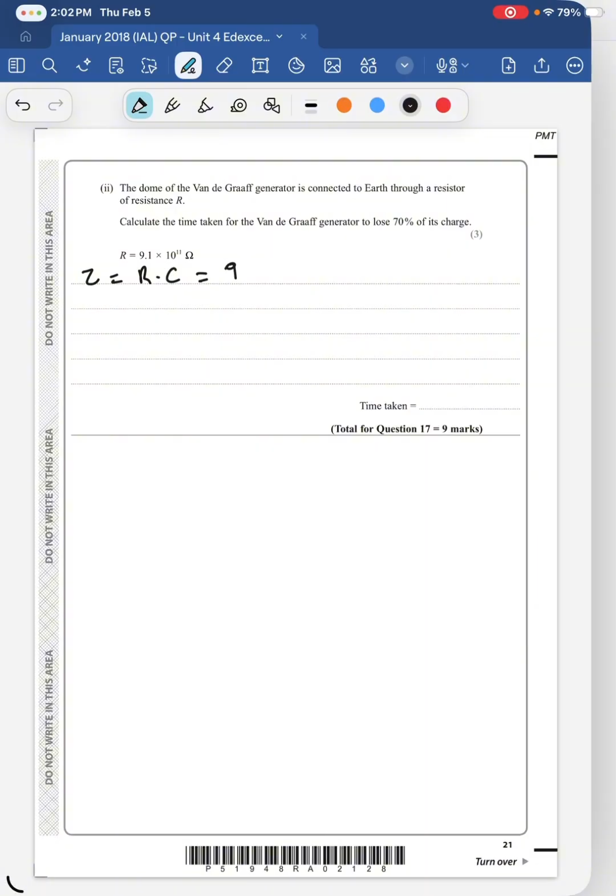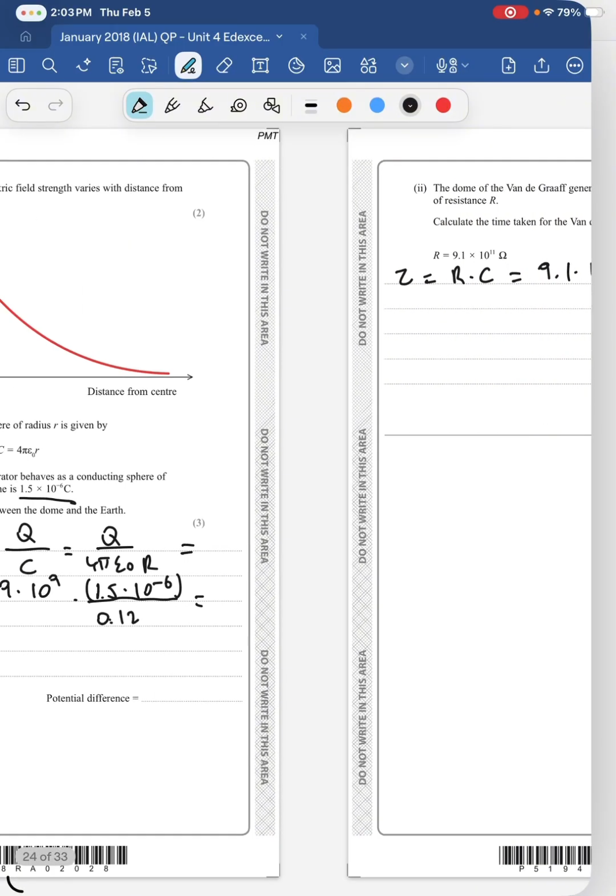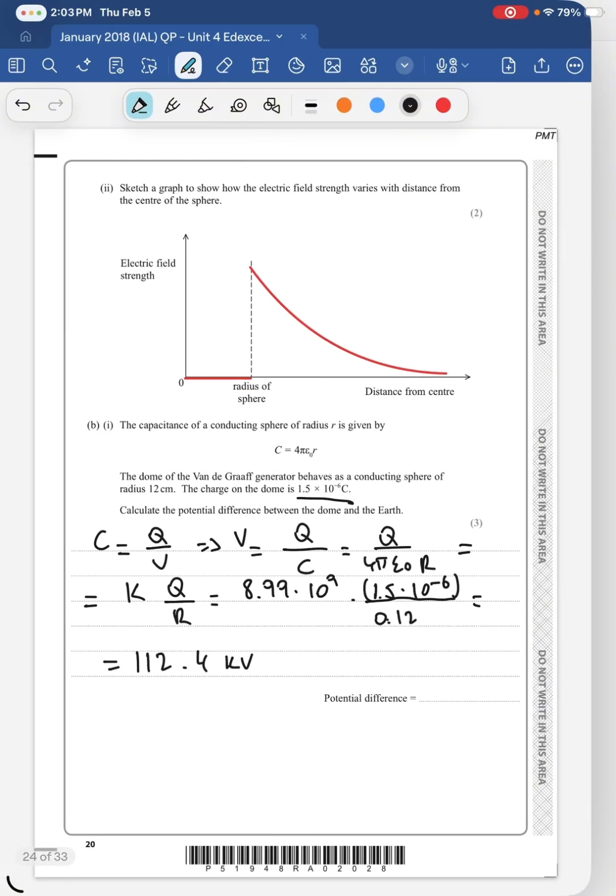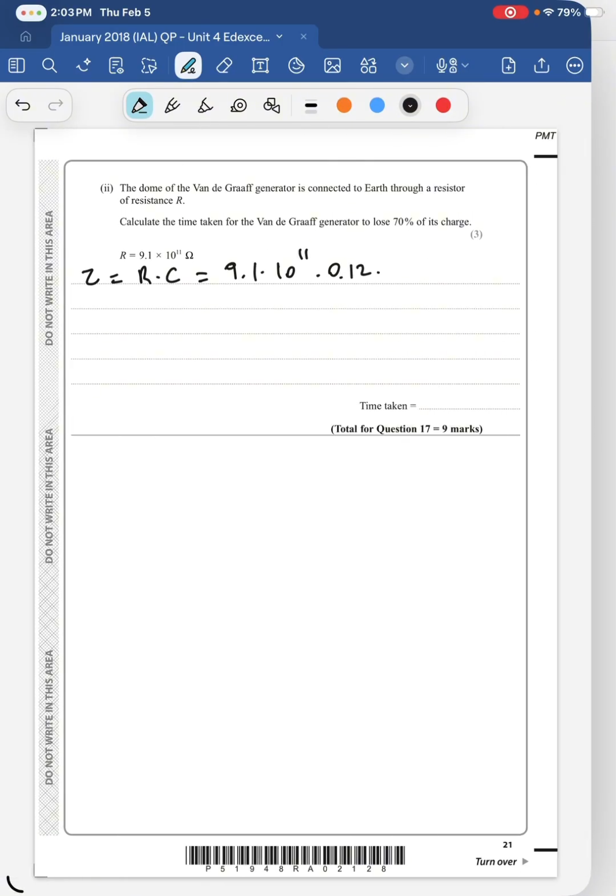So, we have 9.1 times 10 to the 11, and then the capacitance is 0.12, which is the radius, times k to the minus 1, right?